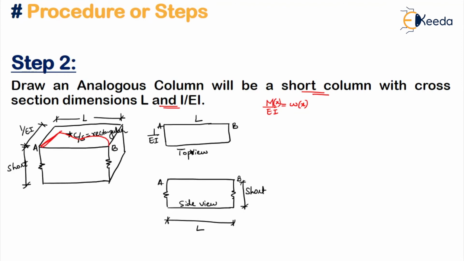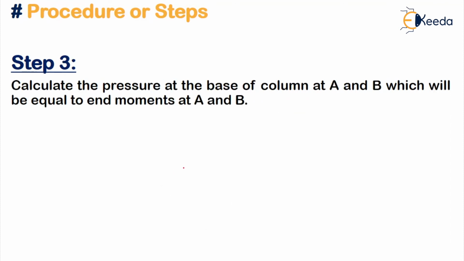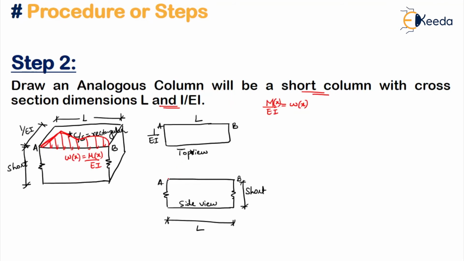The figures are not to scale, please don't bother about it. Okay, so this is your bending moment by EI diagram. So this total red portion is WX, which is equal to MX by EI. Understood? So if you see from the side view, this is what will be visible for you. Okay, so this is WX, which is equal to MX by EI.